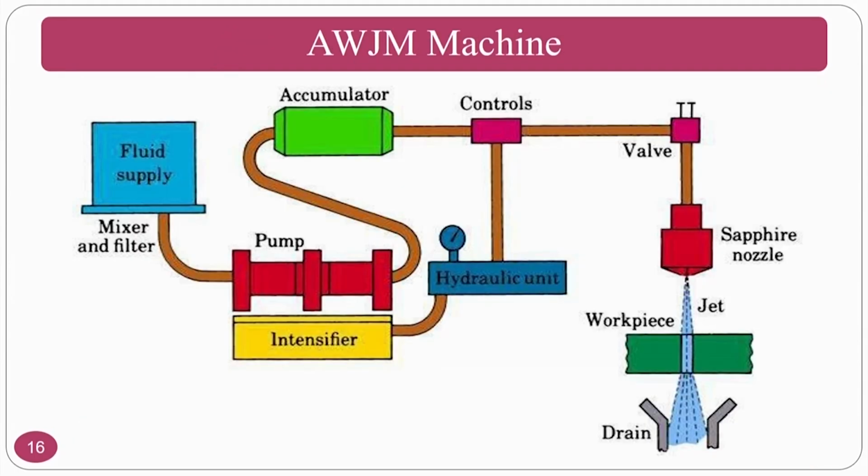So, this is a schematic diagram of abrasive water jet machining. You have a fluid supply, that is water coming from this particular tank, and at the same time a mixture and filter will be there.